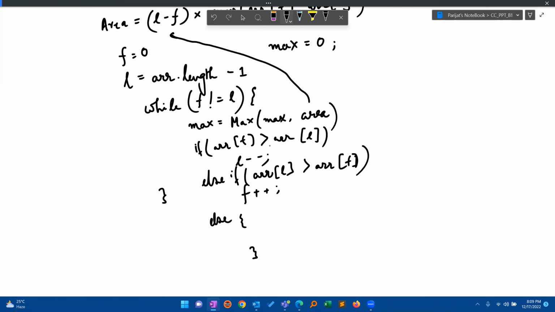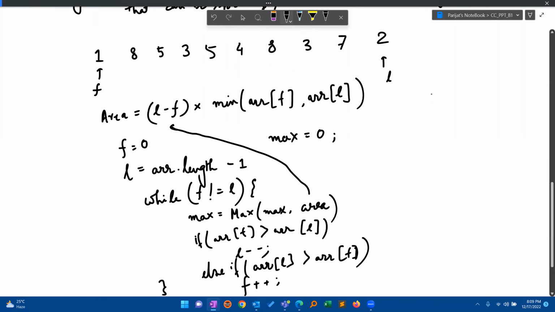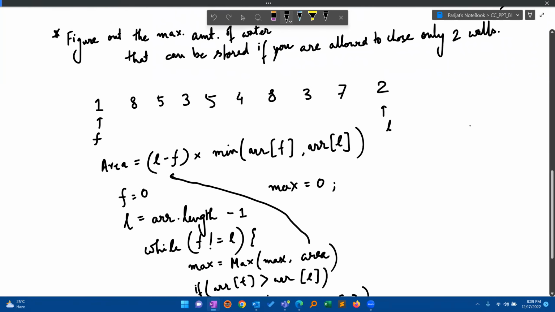Else, if both are equal, what can we do? Say both are equal, that means you have say 3 here and 3 here, and then you have many other values here. You have the 2 pointers here. If you move this pointer, both the bottlenecks are same, right? 3 will be the bottleneck.